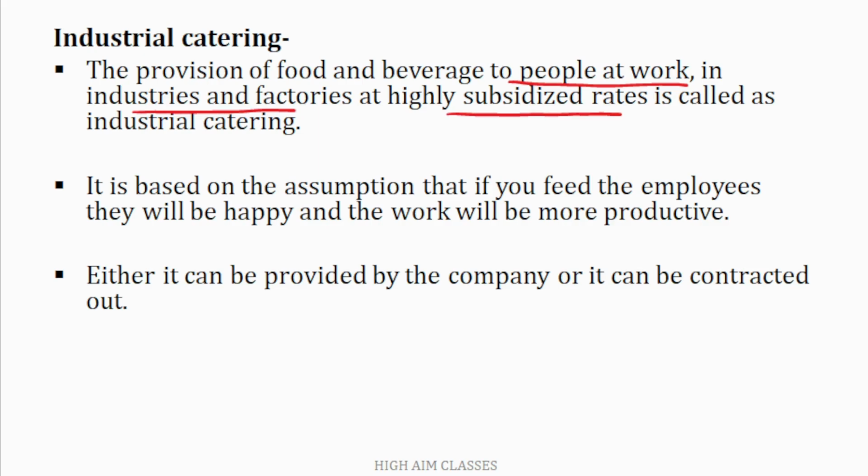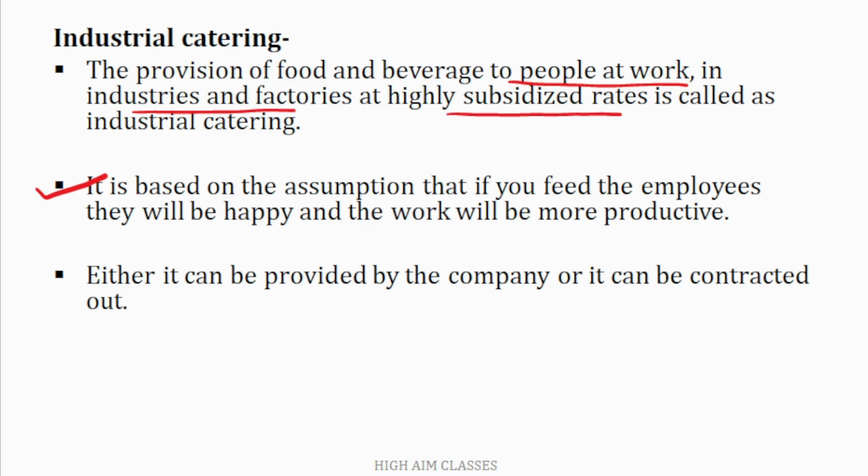It is based on the assumption that if you feed the employees, they will be happy and work more. Why do they provide the food? First of all, it saves time. In the lunch time, they would go out and spend time, and eat outside food which is not nutritious and not good. So they provide food on subsidy for their employees. It saves their time and keeps them motivated.